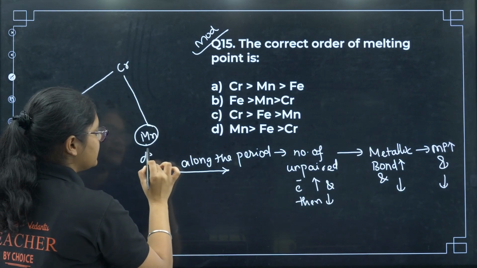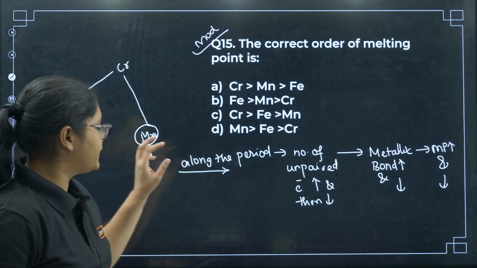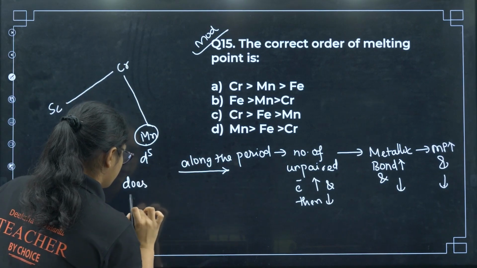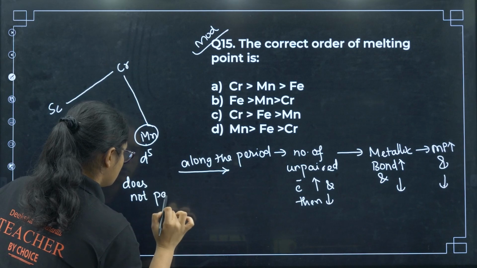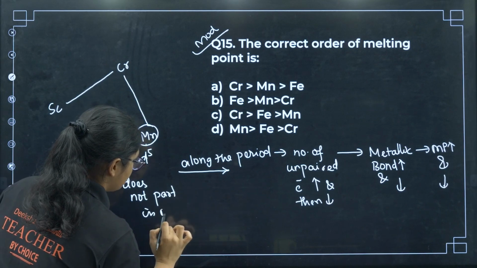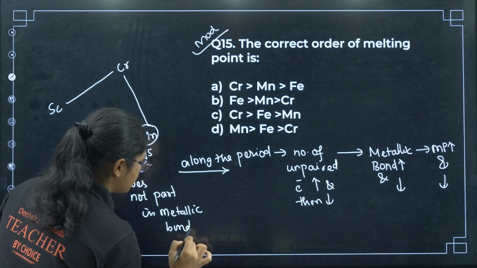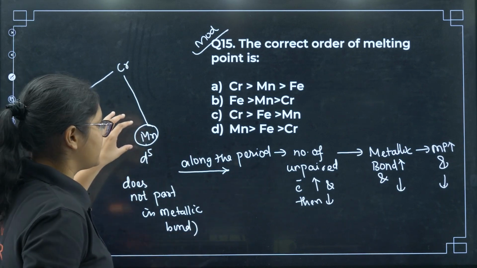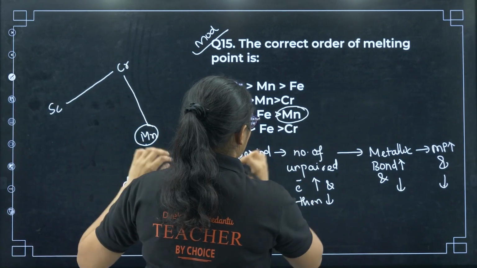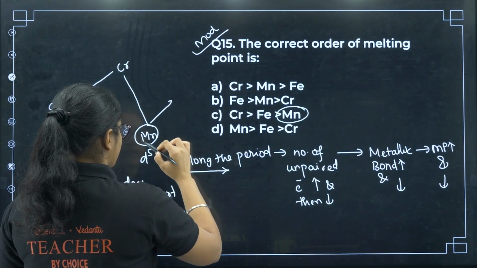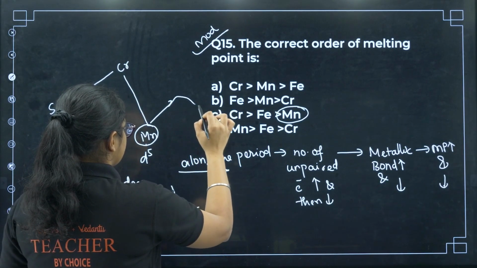Manganese has a stable d5 configuration. It has unpaired electrons but does not participate in metallic bonding. Since it does not participate, its melting point will be less. So obviously manganese will be least, and we have only one option like that. Okay, after that it again increases and then decreases.